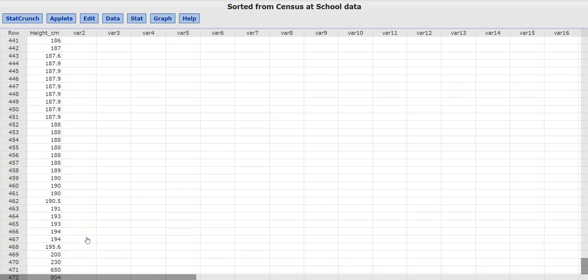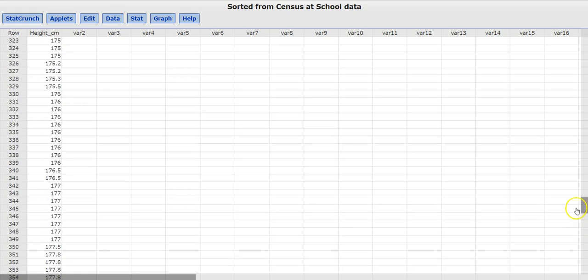Now, other than a person making a measurement error or a units issue, putting something in feet instead of centimeters, realize we're dealing with teenagers here, so some of these are probably just stupid answers. Someone didn't want to bother to measure themselves, and their teacher told them to do it, so they just filled in some number, made a wild guess. And that might be true of some of those ones in the middle. So, if we're not sure what they did wrong, our only option is to delete it.